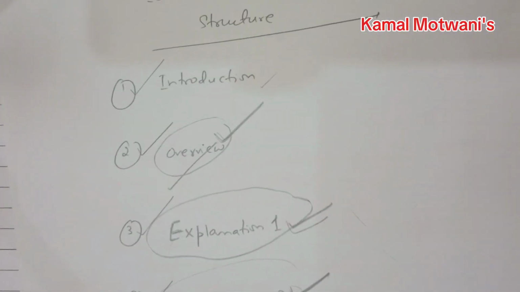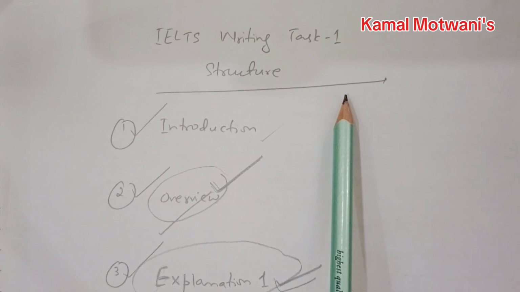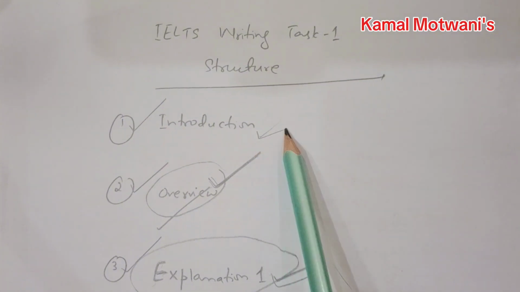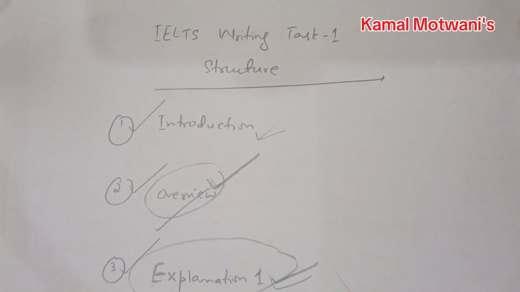In earlier videos, we discussed the structure of IELTS writing task 1 as well, so let's first revise it. First, we write the introduction by paraphrasing the statement. Then we write the overview, or overall view, what the graph or the bar chart or the line chart says.